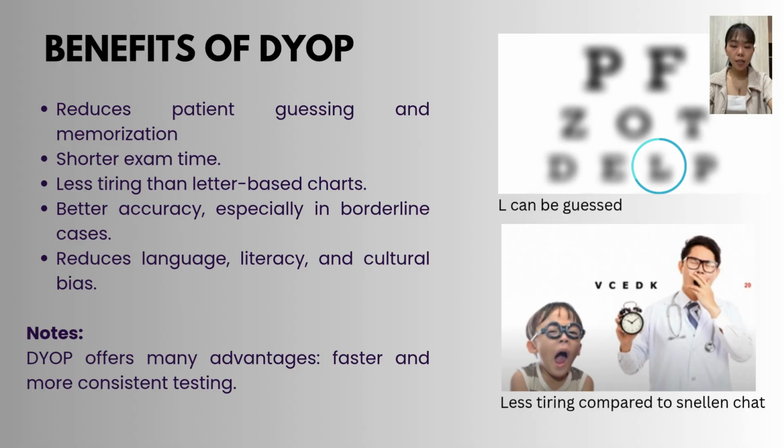Based on the research done, Dyop maintains a high level of accuracy and precision, approximately plus or minus 0.06 diopter. It avoids language and literacy barriers. Dyop makes eye tests more efficient and inclusive for patients of all levels.